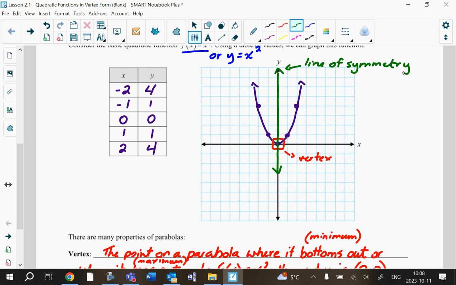What's the same? X. X will always be 0. So therefore, the equation is x equals 0. We don't need y and x. There's no slope to this that we use. Okay?